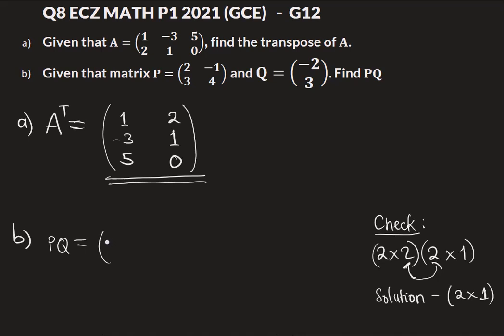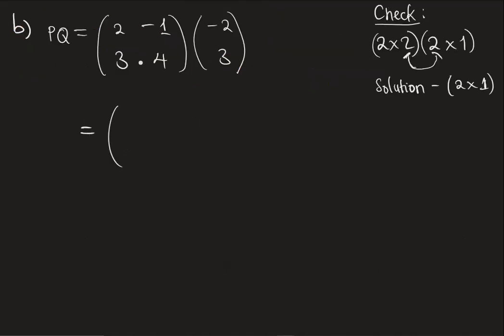PQ is going to be 2, 3, -1, 4, multiplied by -2, 3. We will multiply the first row by the first column. So we'll have 2 multiplied by -2. And then we'll add -1 multiplied by 3. And then we'll go to the next row. Because this has 2 rows, remember the solution here, we have the order of the solution using the outer numbers.